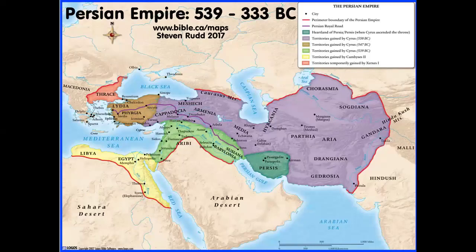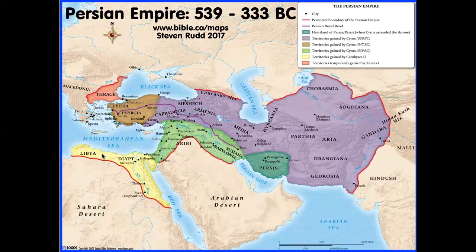This is the Persian Empire that Xerxes is in control of. So you can see it goes to Libya and Egypt up here. Jerusalem would be right up here. Here's Turkey. It goes to northern Arabia, Meshech, also where you would have Magog and Togarmah, all of those places in Asia Minor.